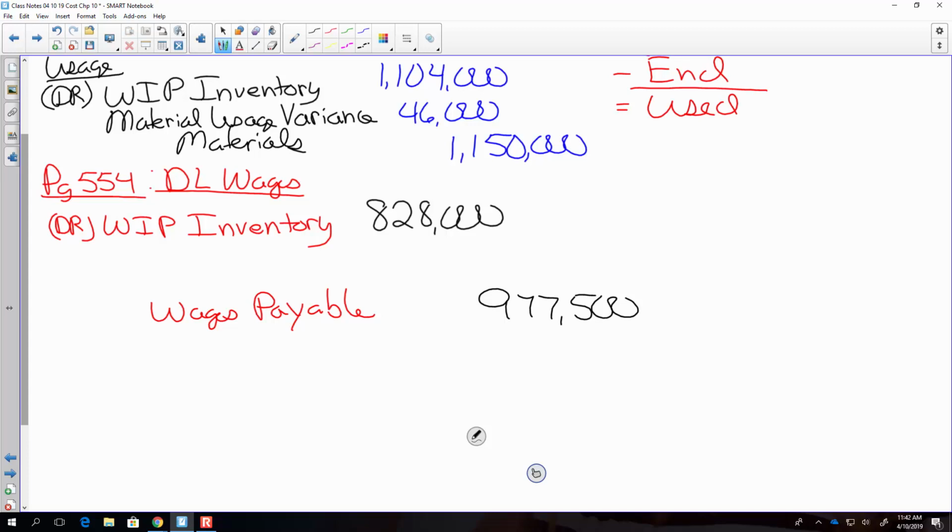So my 2 variances, one was labor rate, one was labor efficiency. They're both unfavorable, so they are recorded as what? Debits. So labor rate variance and labor efficiency variance are both debits.